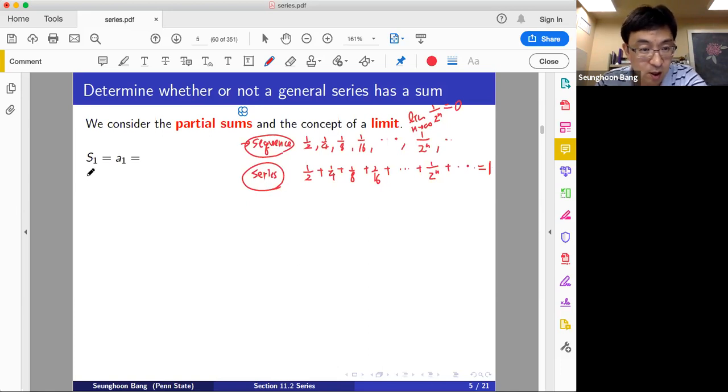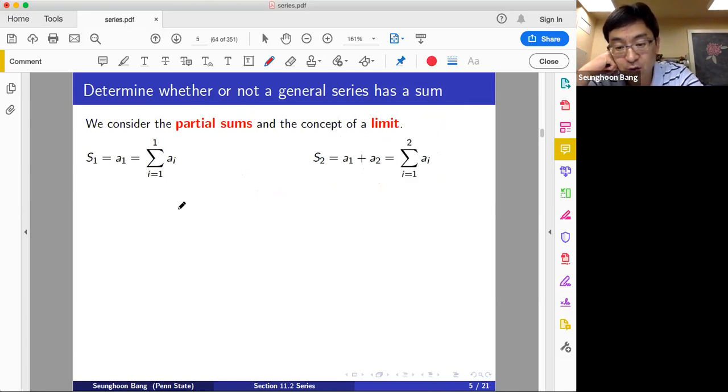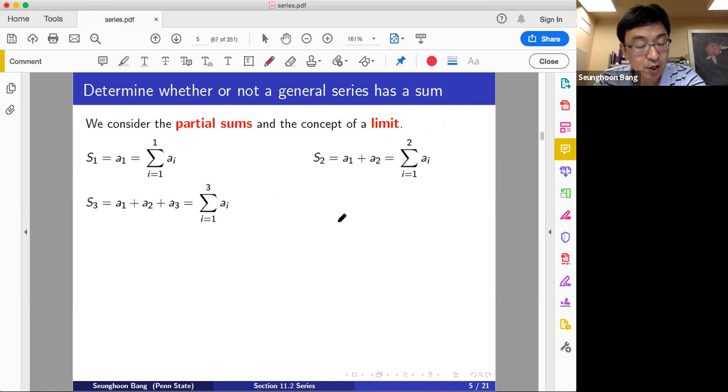So here, S1 equals A1, the summation from i equals 1 to 1 of a_i. You can use summation notation. S2 is A1 plus A2, the summation from i equals 1 to 2 of a_i. S3 is A1 plus A2 plus A3, the summation from i equals 1 to 3.